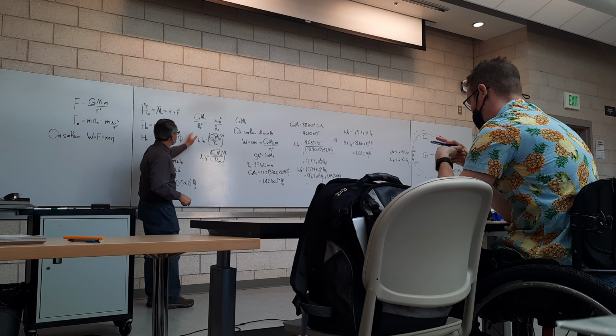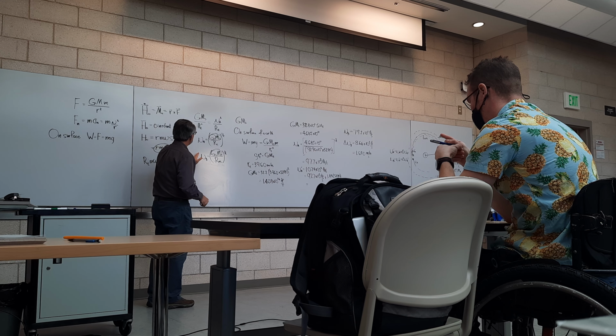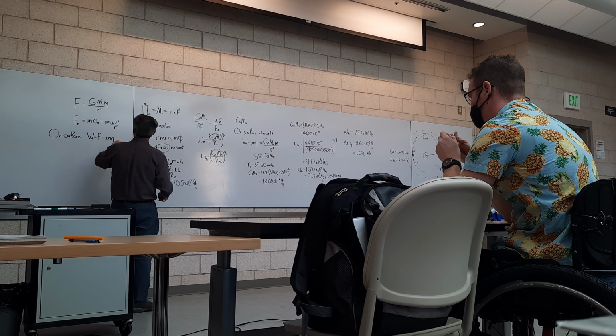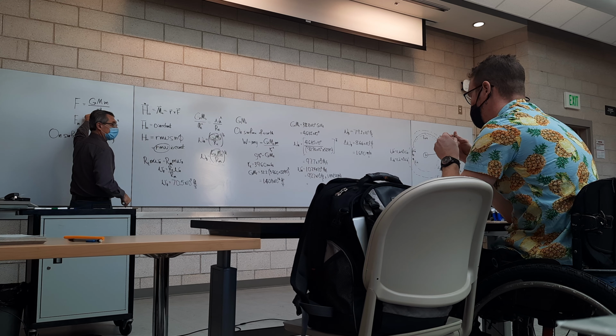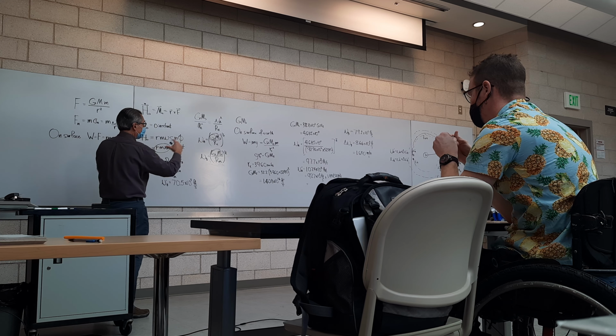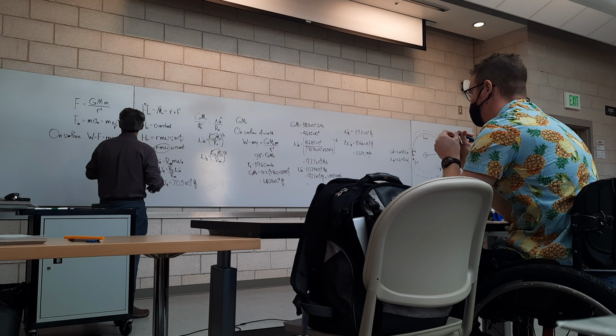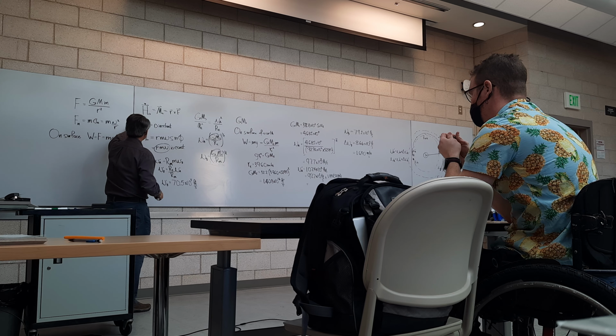That was this step in here. But between A and B, when we're in the elliptical orbit, we're increasing R all the time. As we went from the smaller orbit to the larger orbit, R was slowly increasing, but what was staying constant was the angular momentum.